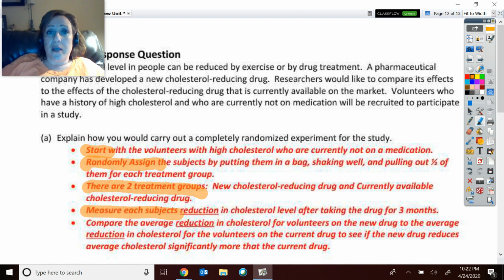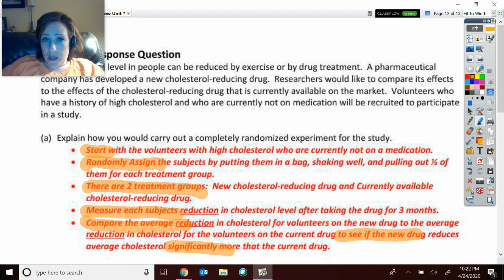Measure each subject's response to them. Compare the average or the proportion to see if one of those is significantly better.